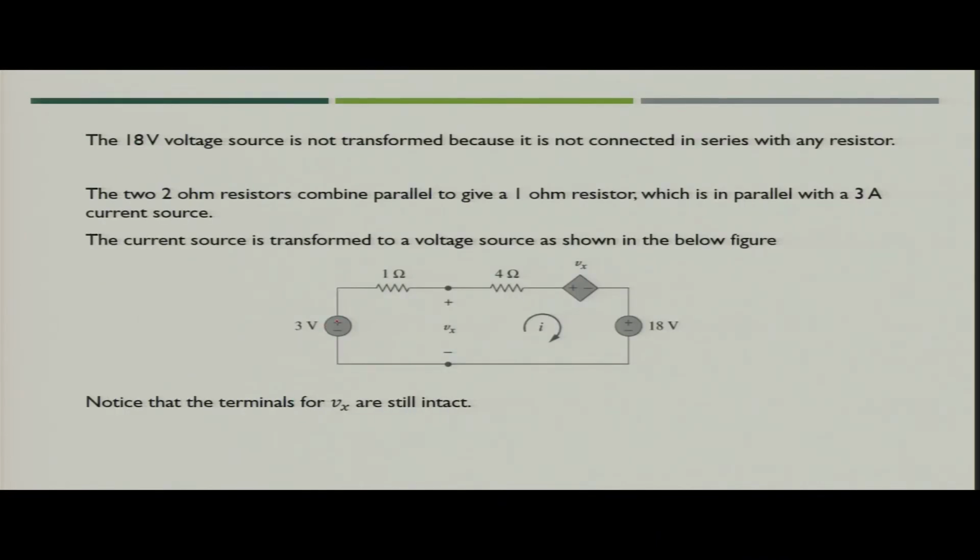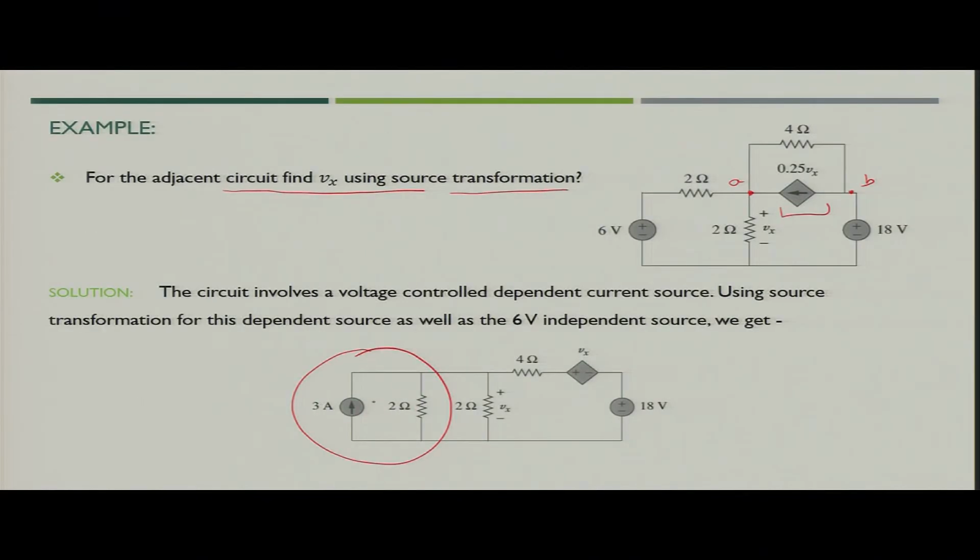So, what do we get? We get 3 volt in series with 1 ohm, because 3 ampere in parallel with R. If you club both of them, still the voltage will not change, because these two are sharing the same voltage, voltage across 2 ohm, voltage across 2 ohm, so the voltage will remain same even if you club both of them.